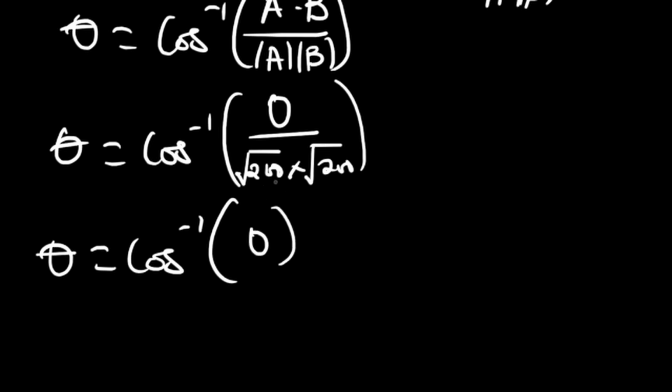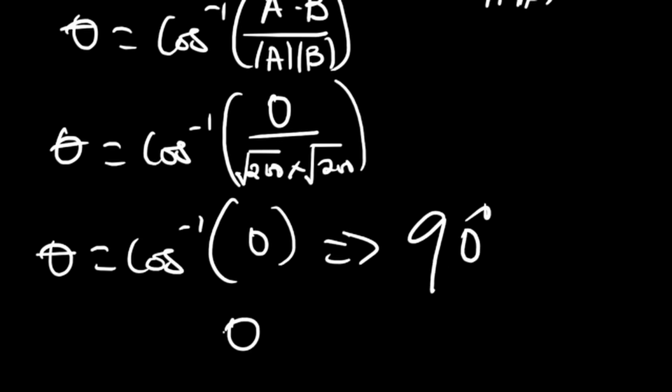When you divide 0 by root 400, because when you multiply the two of them together, and you divide, you get a 0. Now, the cos inverse of 0 is going to give you 90 degrees. So you can punch that on your calculator and see what you're going to get. Cos inverse of 0 will give you 90 degrees. So theta is equal to 90 degrees.